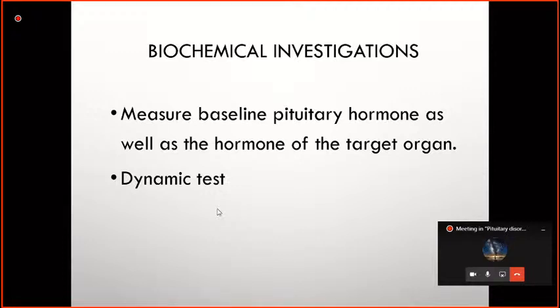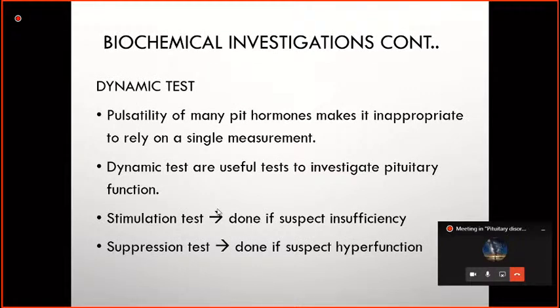You have to understand this, because when you want to investigate endocrine disorders, it is almost always applicable to do dynamic tests. So you have to understand the principles. Just now, the baseline: you need to do a baseline level of the pituitary hormones as well as the target organ hormones, and you want to do a dynamic test, for a few reasons.